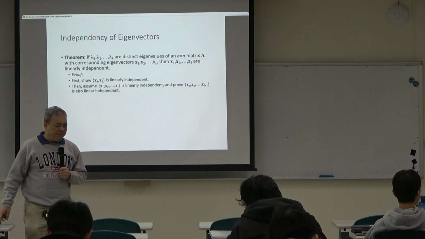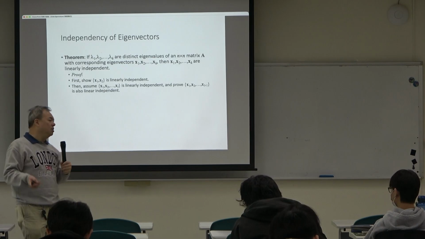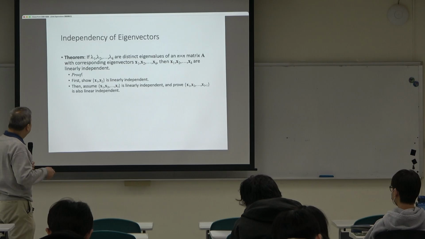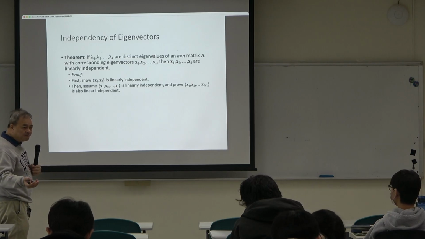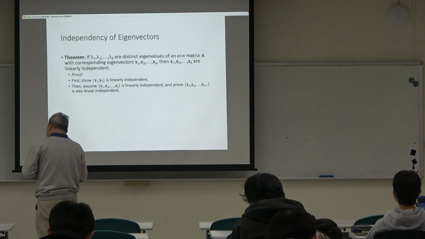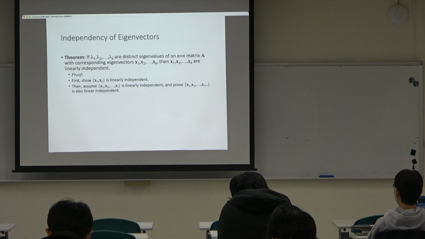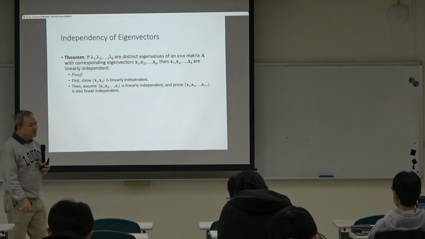Actually, let me finish the proof and then I can tell a little more about this. How do you prove this? Again, if you need to prove something, we always start from the definition.